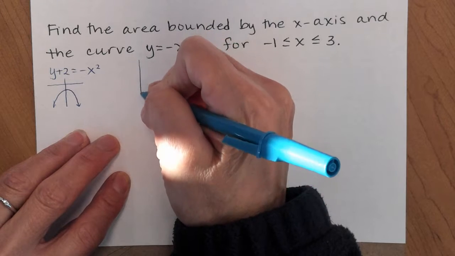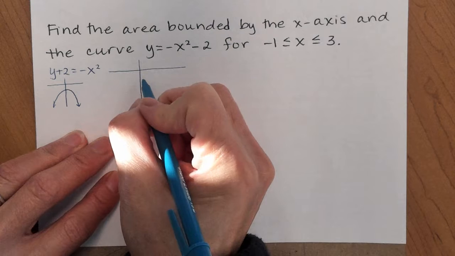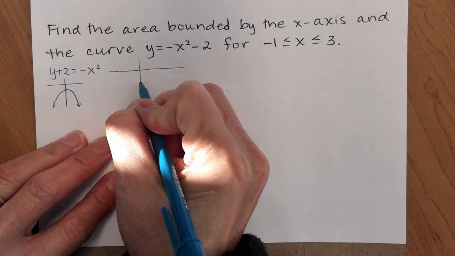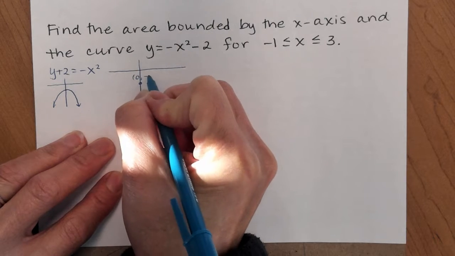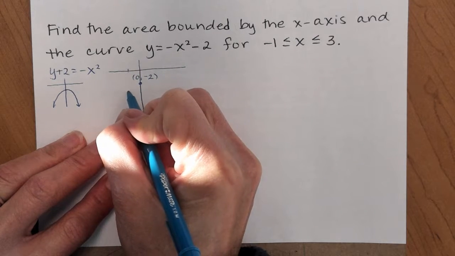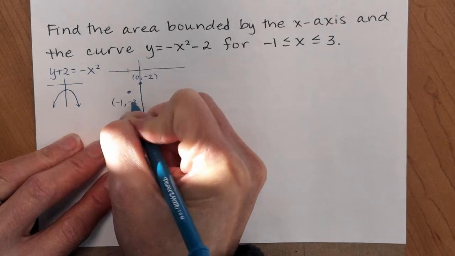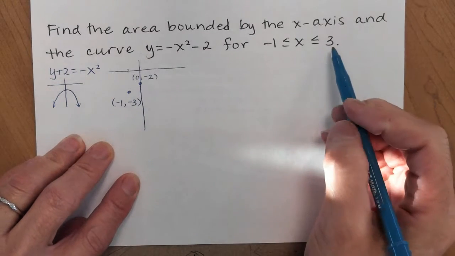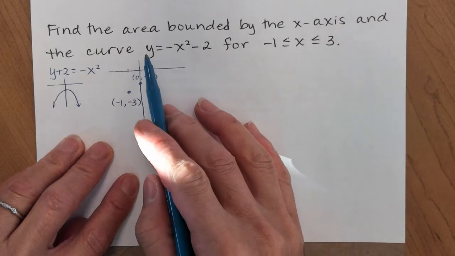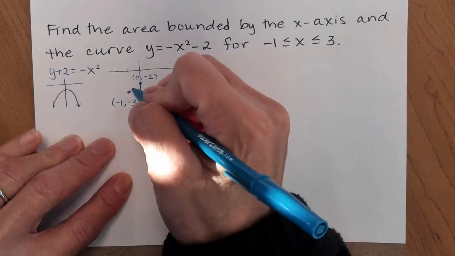Okay, so I'm going to draw a slightly more accurate drawing here. So again, this is at (0, -2). And then (-1, -3) is going to be here. And when I plug 3 in, y equals -9 minus 2, or -11.